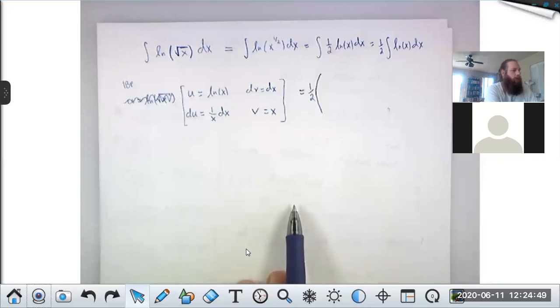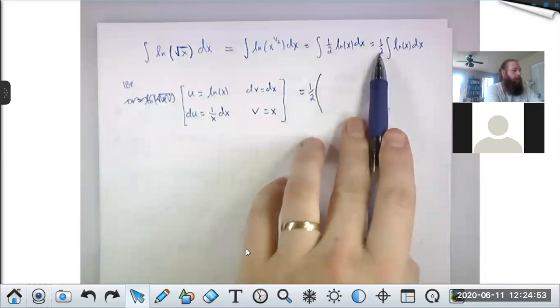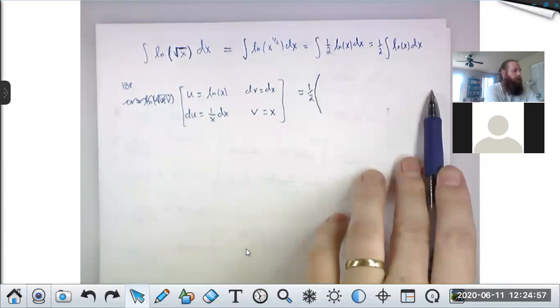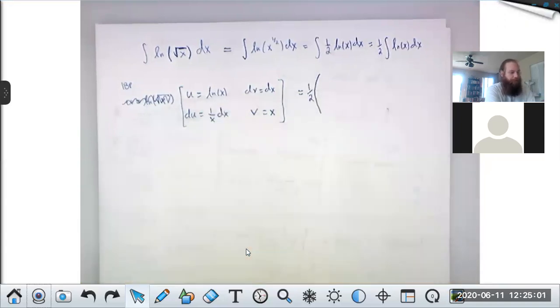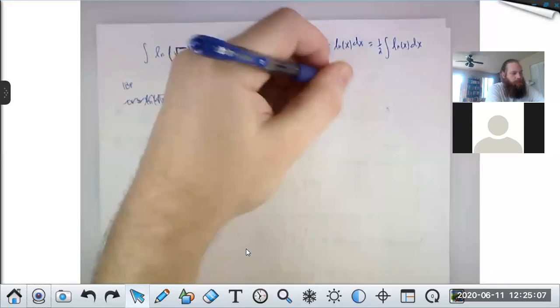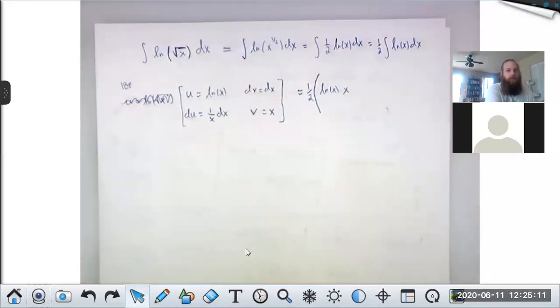Good. So I've got this 1/2 from the front of the integral, and then I'm going to open up parentheses and put my IBP formula in here. I'll have u times v, so 1/2 ln of x times x. Or you could just do x over 2, couldn't you? You could.